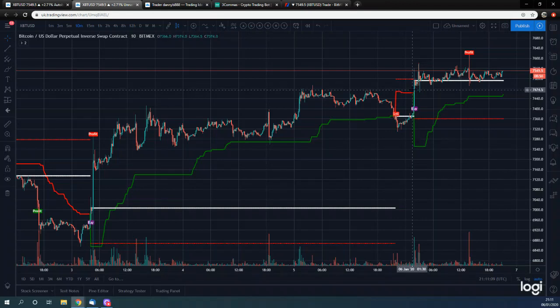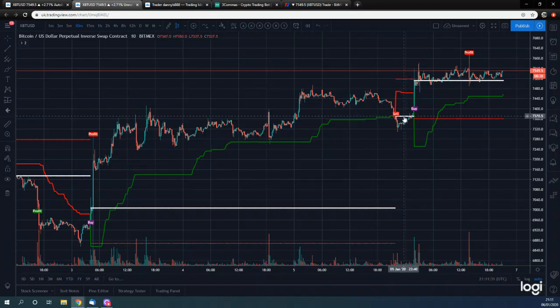So I probably bought around here, rather than at the white line, which is where the bar closes. So my bot would have bought when we were over here, which is lower than here, so my 1% would have been in here rather than up here.